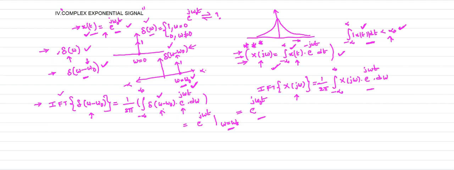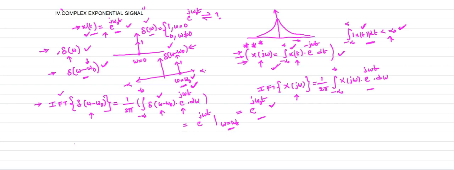At other places, its value is 0. So when you multiply 0 with any function, the result is 0. So no need to consider the other values of omega. Only you consider omega naught. At that only you need to calculate this function. So this is the value of this function at omega equal to omega naught.